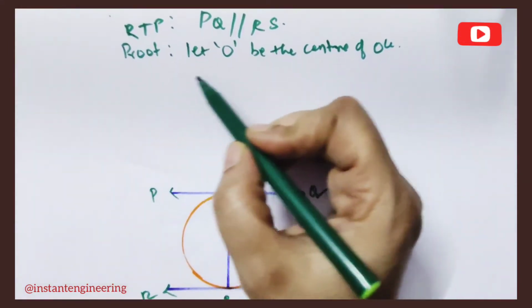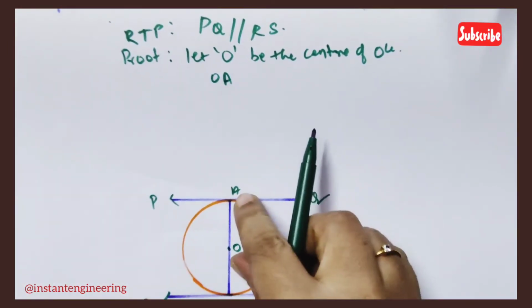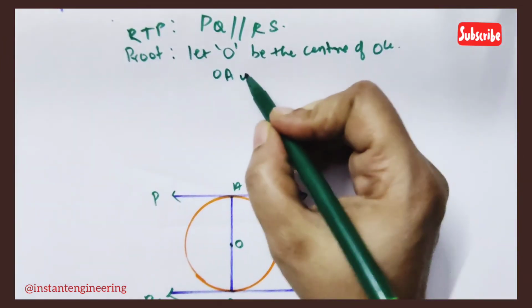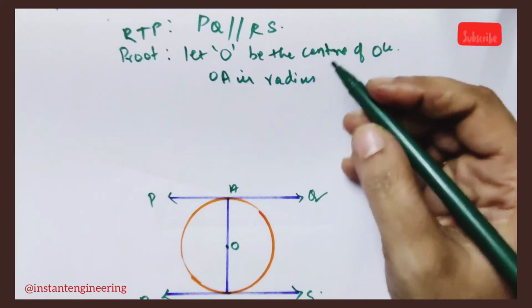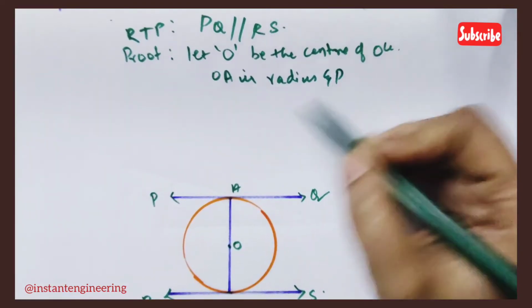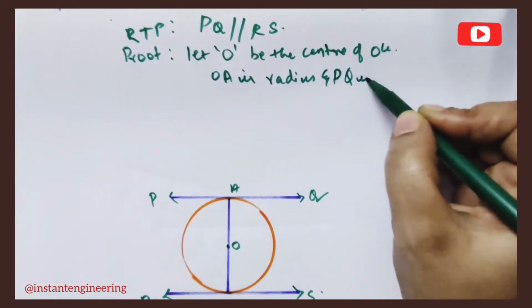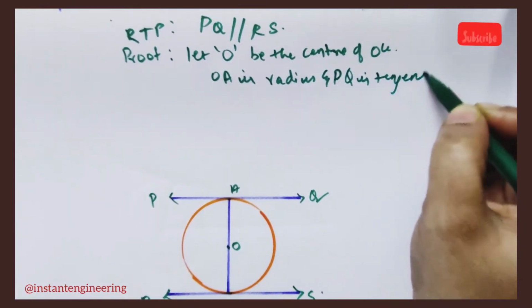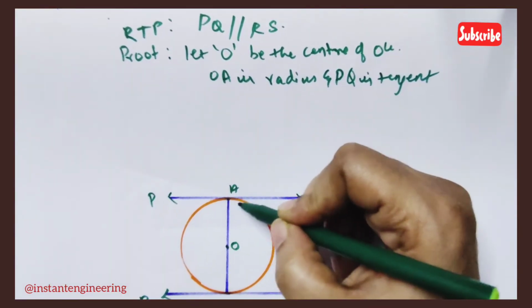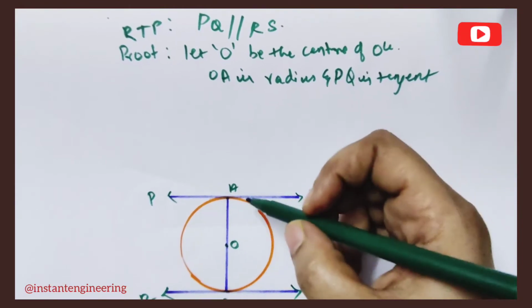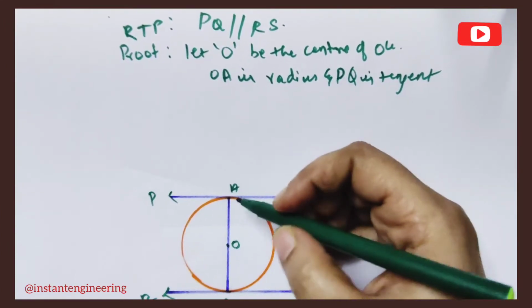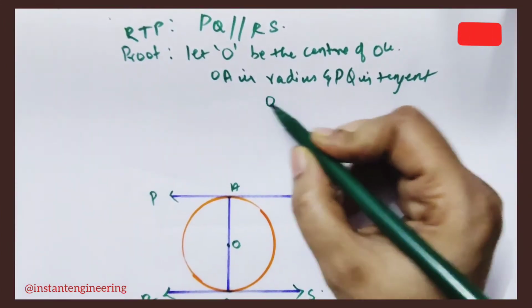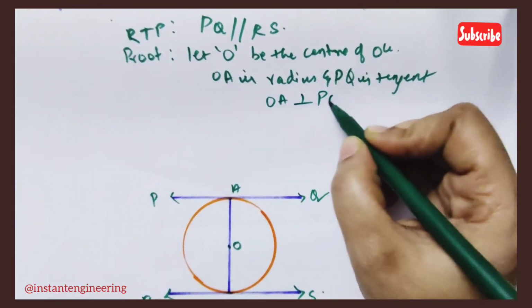OA is the radius. The half part of the diameter is the radius, right? OA is the radius and PQ is a tangent. If any line touches the circle at one point, that's a tangent, and it will be perpendicular to the radius at that point. So according to this, OA is perpendicular to PQ.